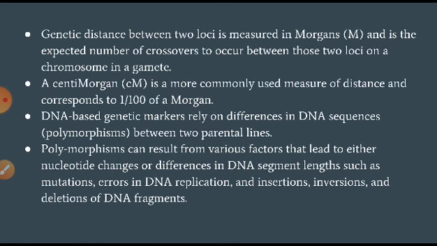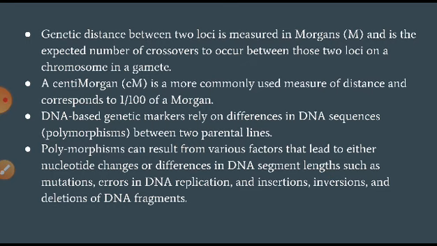Genetic distance between two loci is measured in Morgan. This is what the genetic map, the map unit, we call it as map unit, is the Morgan, and it is the expected number of crossovers to occur between those two loci on a chromosome in a gamete. Right? So you know how many Morgans apart the loci are.